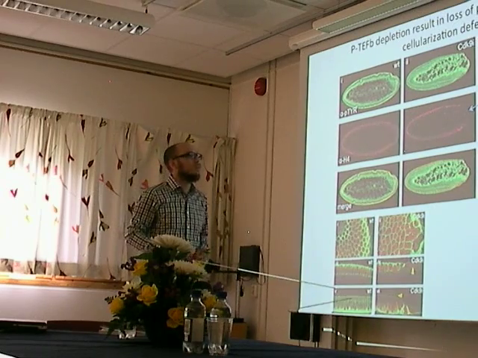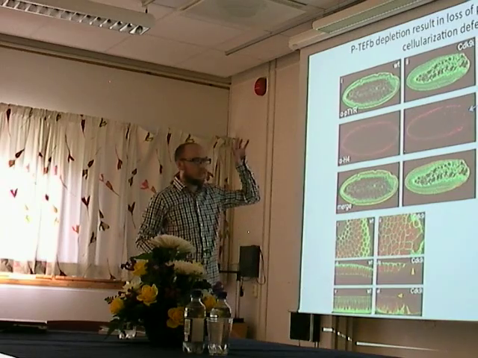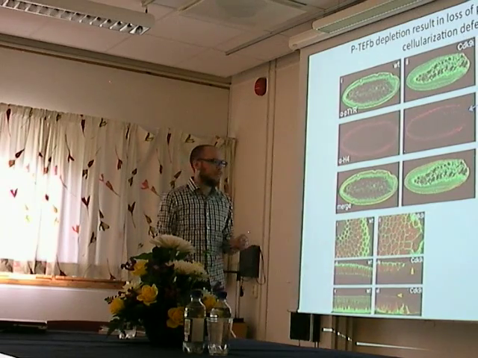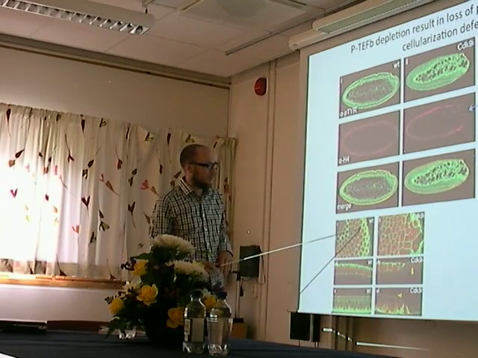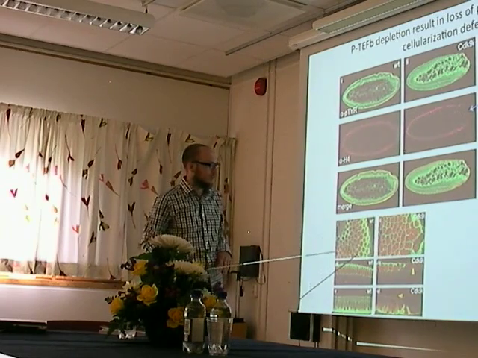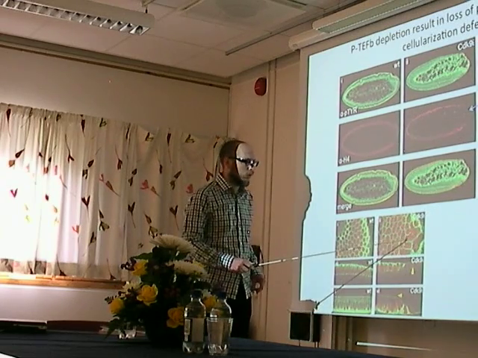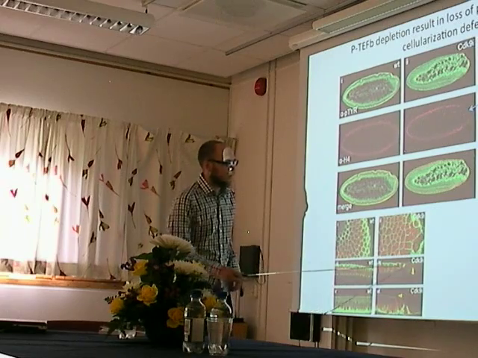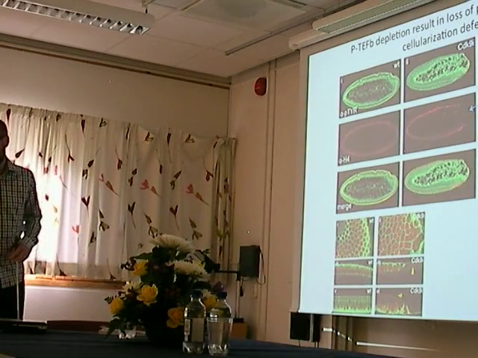We also saw a cellularization defect, which is this image here. So looking down on the surface of the embryo, apically, the normal wild-type honeycomb pattern with membranes surrounding each nucleus is distorted. We now have several nuclei within one cell, and so this is a phenotype called a cellularization defect.